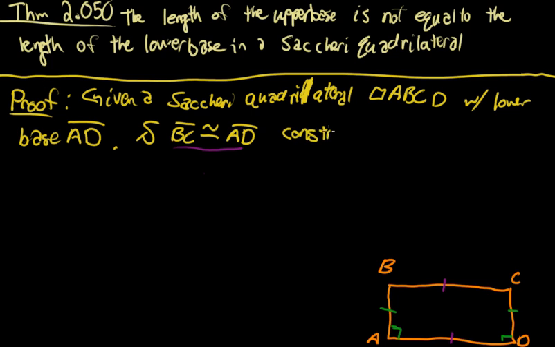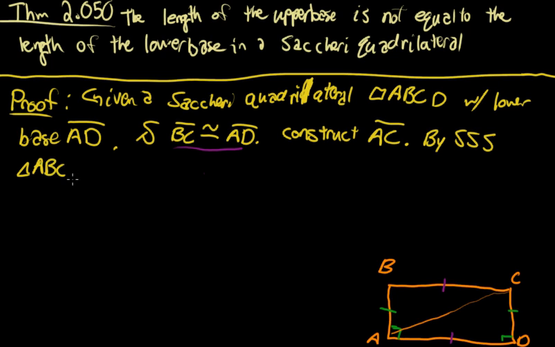Construct AC. So we now have this line AC going across here, and we'll pretend that that was drawn better than it was. Then by side, side, side, triangle ABC is congruent to triangle CDA.